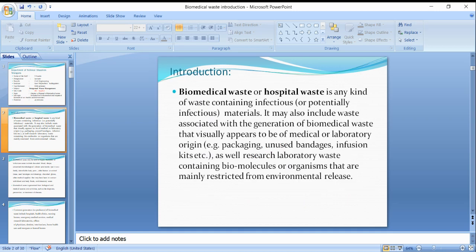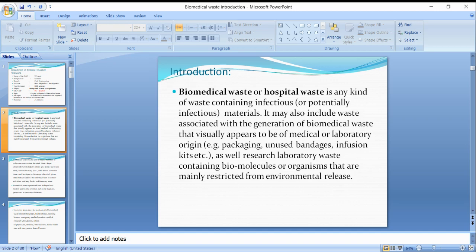So what do we mean by biomedical waste? It is a kind of waste which can infect our body. I mean to say, it is waste coming from infectious materials.